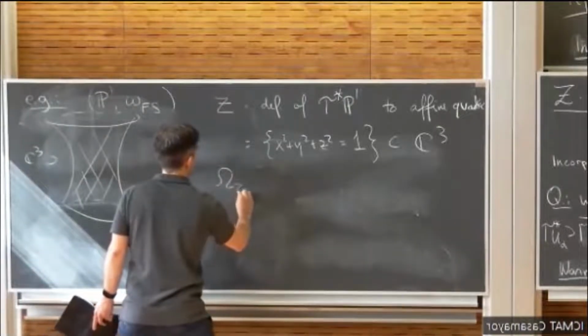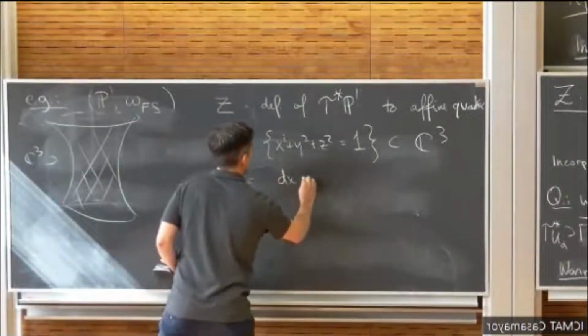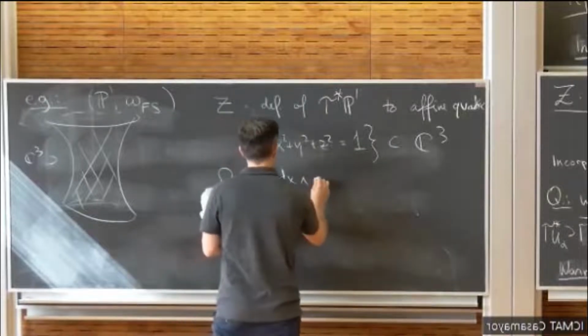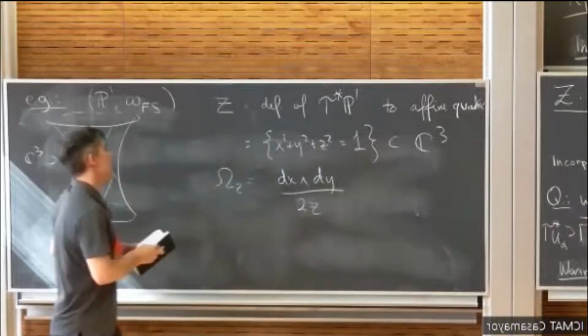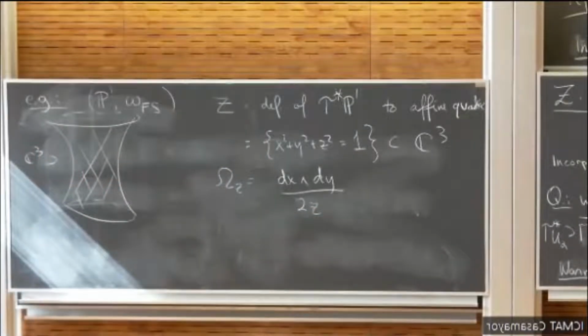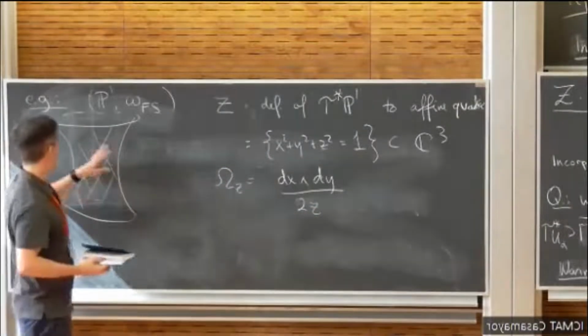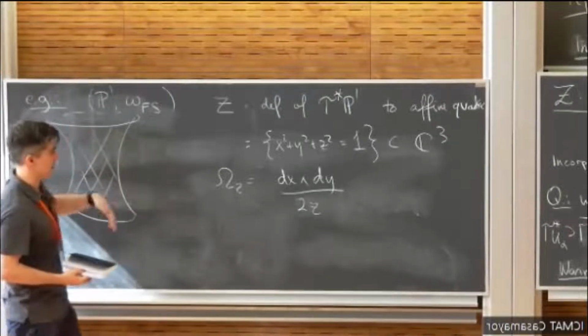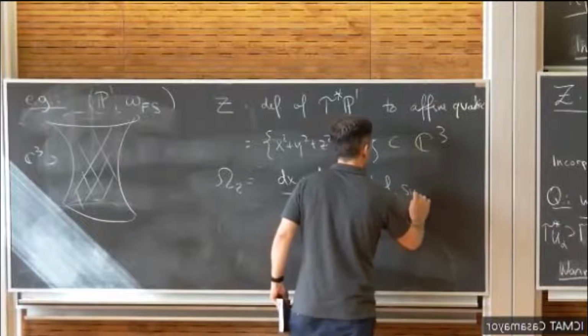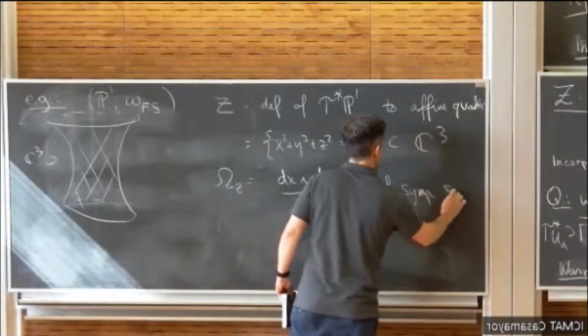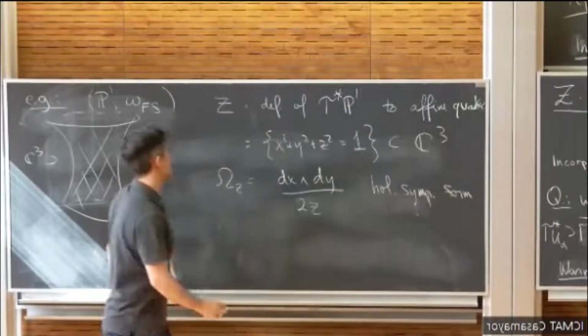And the holomorphic symplectic form you can write in the following way. You write it as dx wedge dy over 2z, which is a singular form on C3, but if you pull it back to this thing, it's not singular, and it's a holomorphic symplectic form. Okay.